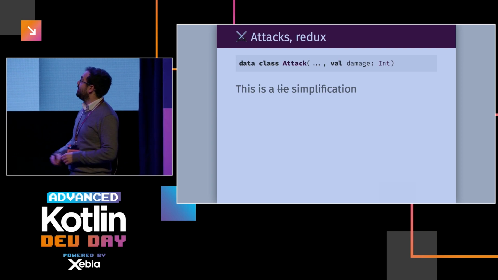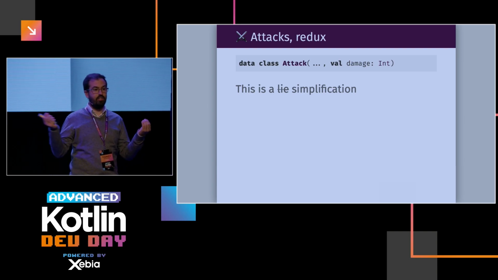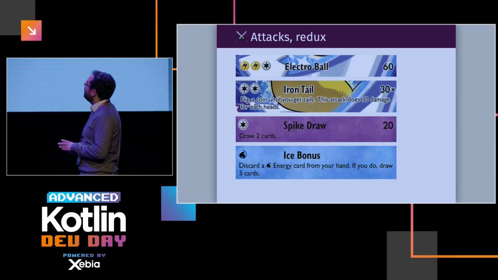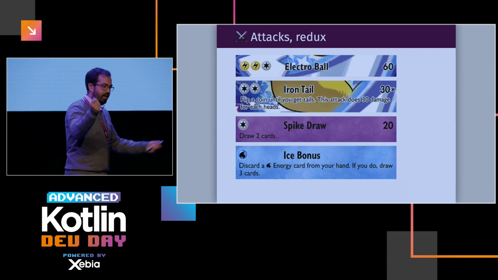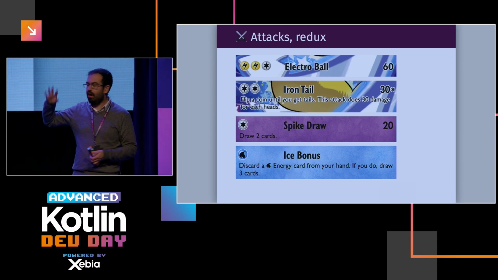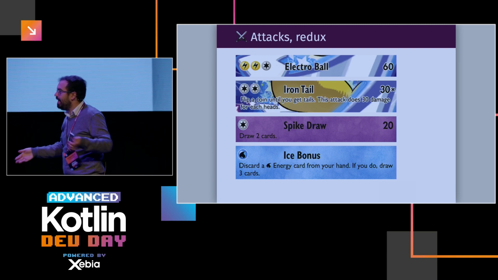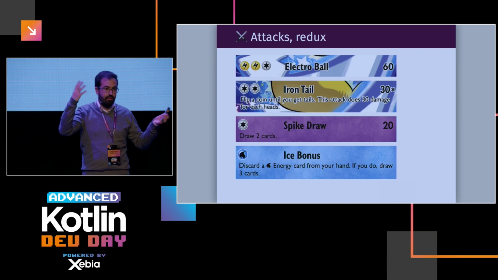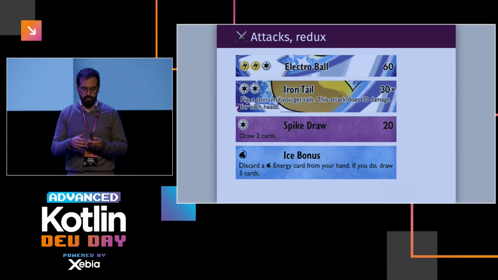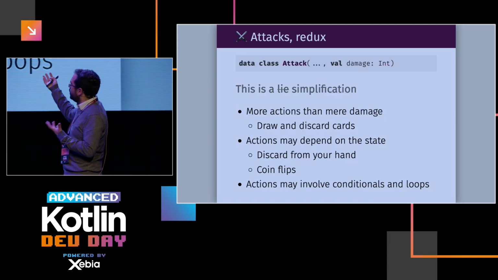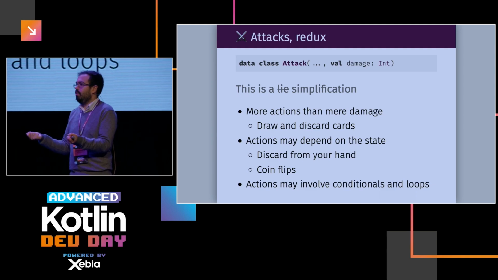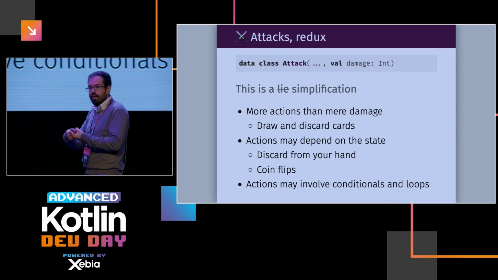of the domain. I said, oh, the attack just has 1 damage that you can do. But actually, if you open these cards, they look more like this. Things like, flip a coin until you get tails, and then this attack does 30 times the amount of heads you get, or draw 2 cards, or whatever. So what you see there is, if you try to model this domain at some point, you figure out that there are more actions than this damage.